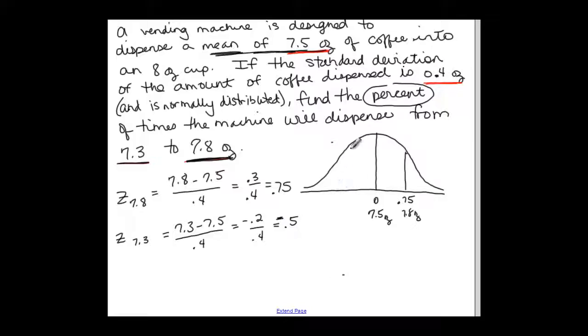So the z-score here would be a negative 0.5. That was the 7.3 ounces. Okay, but these are my z-scores. And we want to find the area between those two z-scores, which is here.